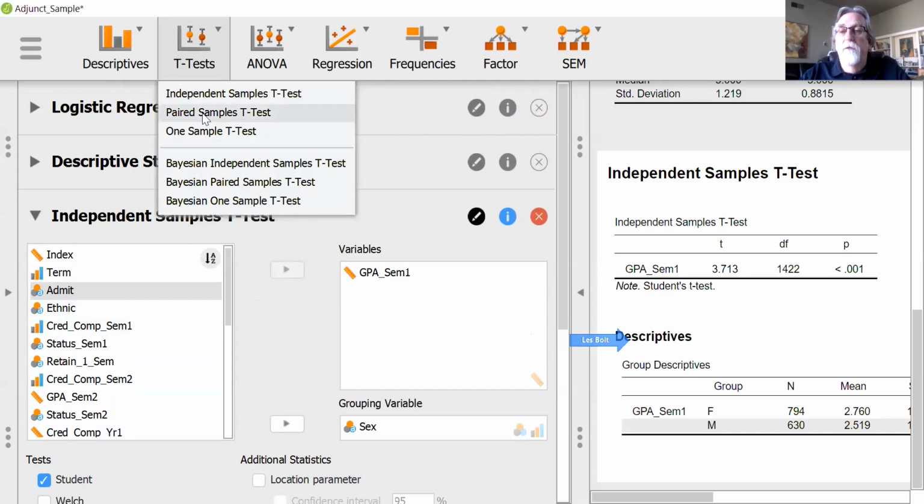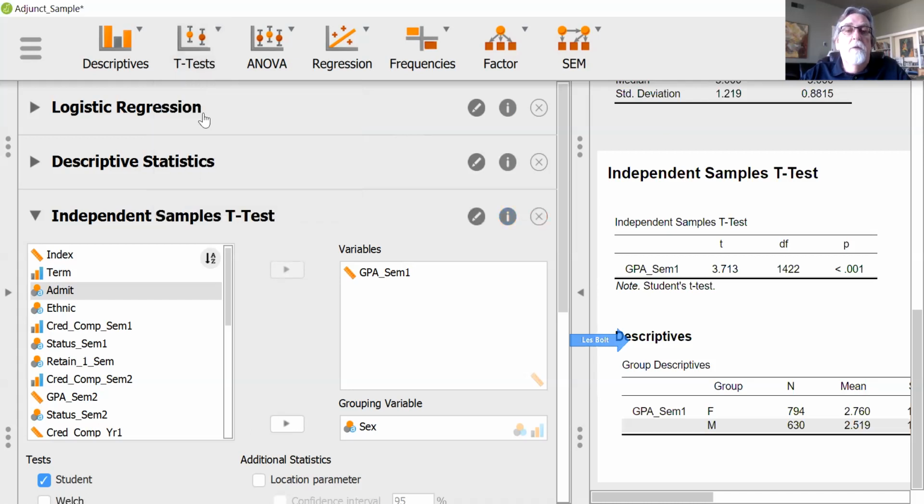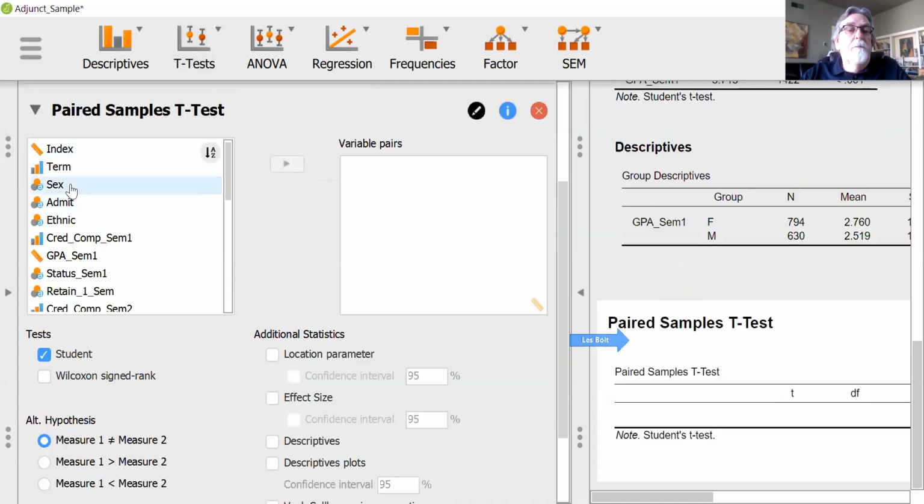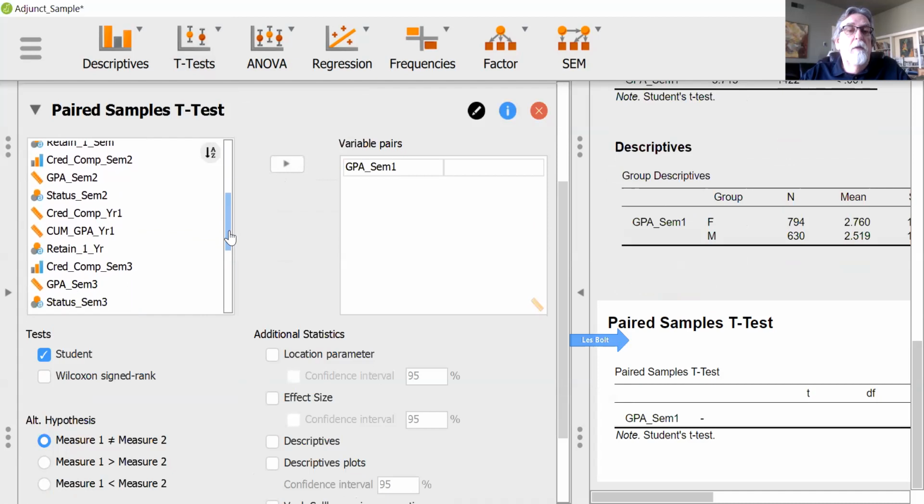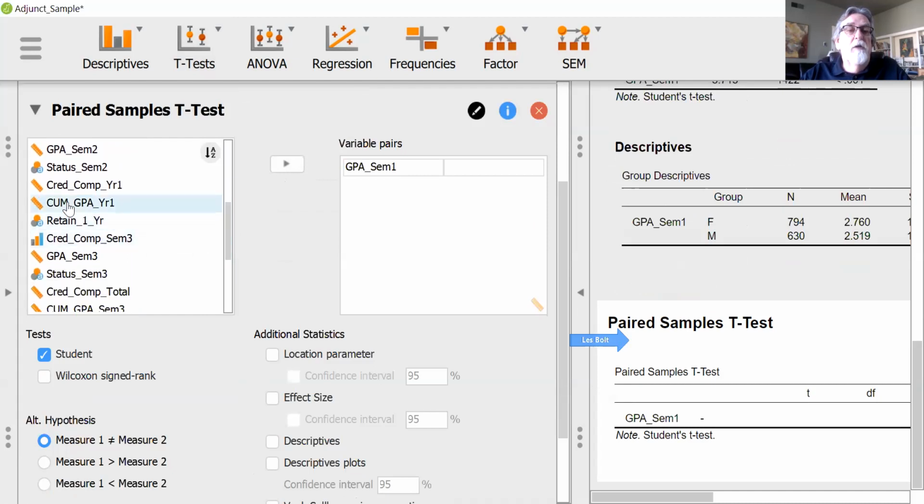We treat it as if it's a pre-test, post-test, because it's a measure of the same thing expressed in the same scale. And so it's a paired samples t-test because we're talking pre-post. The GPA semester 1 is part of that sample, and cumulative GPA year 1 is the other part of it.